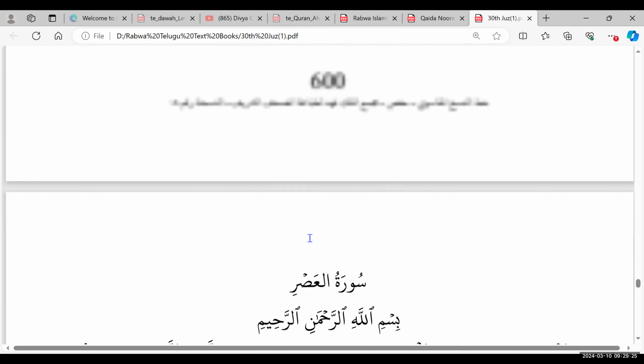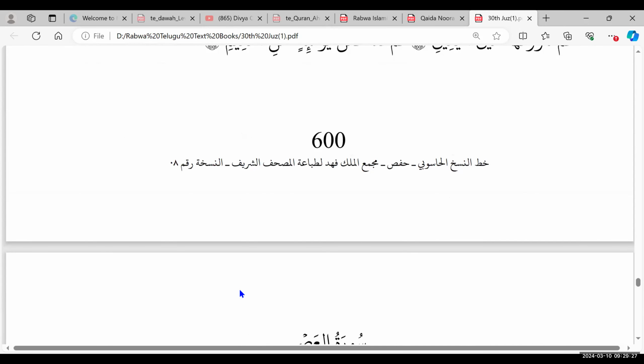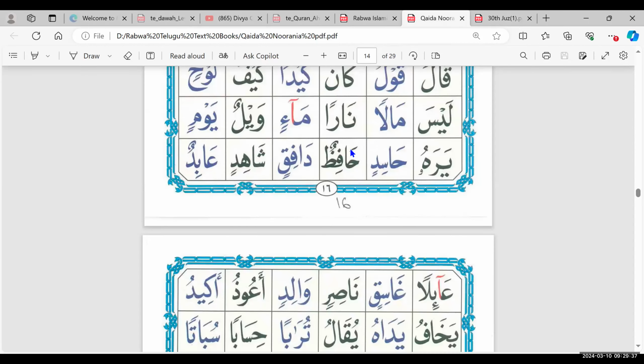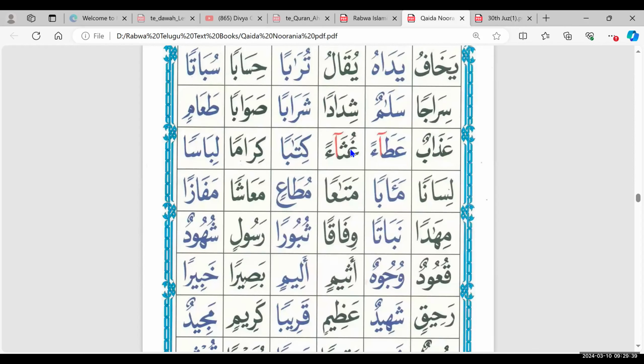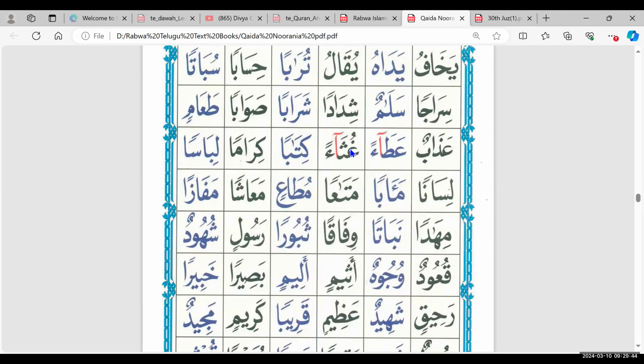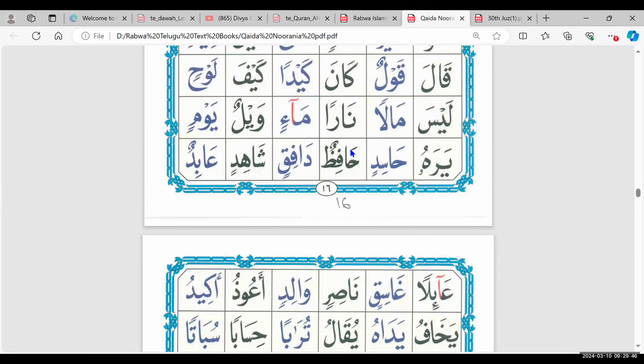Okay. Any other question? Yes, Ustaz. In the Qaidatun Noorania, we know that in the Arabic alphabet some letters have to be prolonged, like mim, noon, waw. These letters have to be pronounced with prolongation.